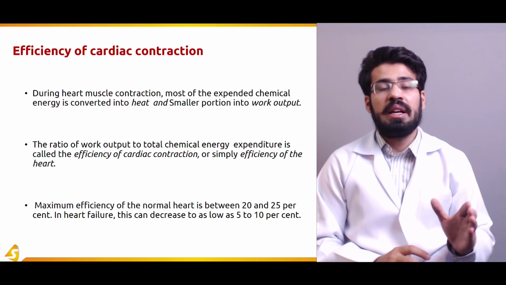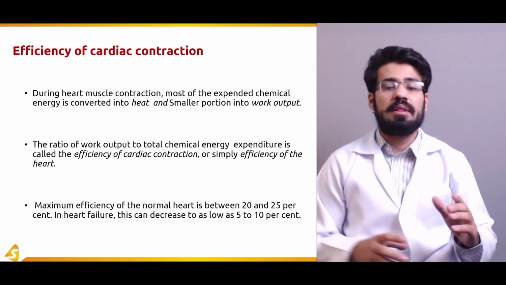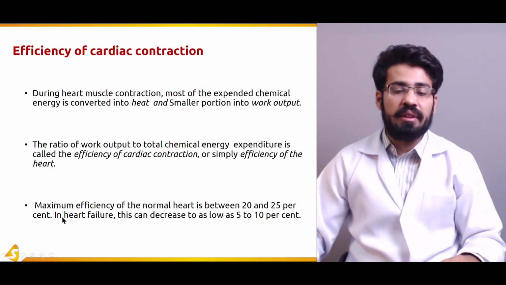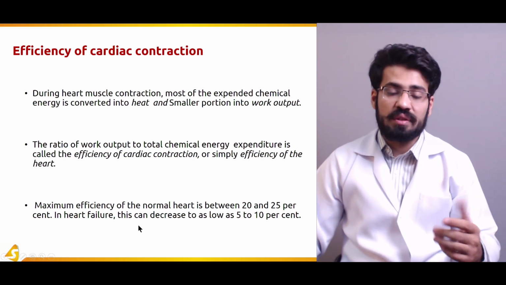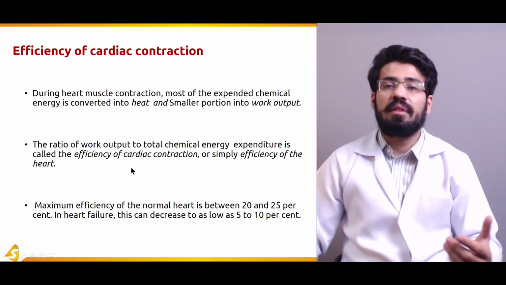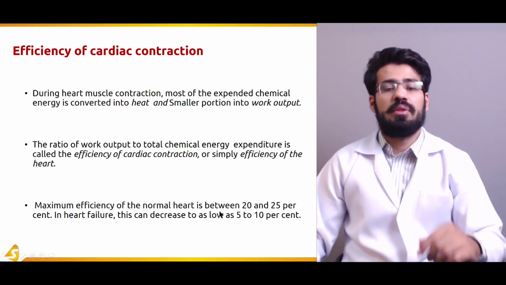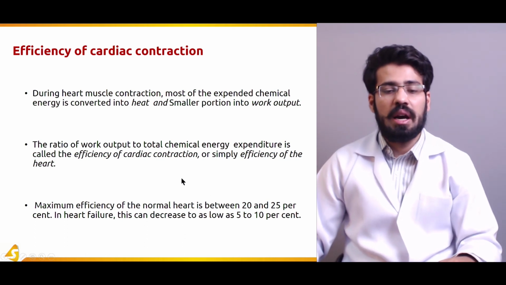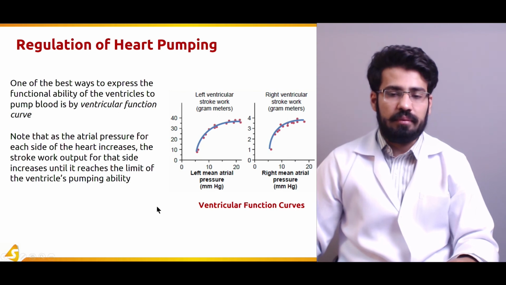The rest, 75 to 80% of the energy, is wasted in the form of heat. In case of a heart failure or myocardial infarction, the efficiency of the cardiac contraction is reduced from 20 to 25% to 5 to 10%, which decreases the contraction process of the heart, resulting in heart failure or myocardial infarction.